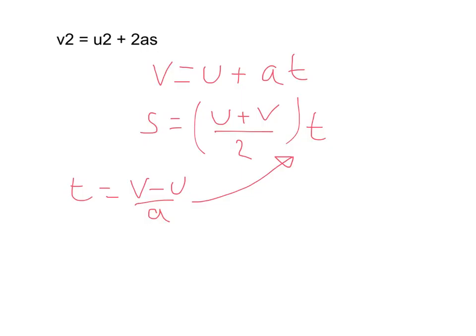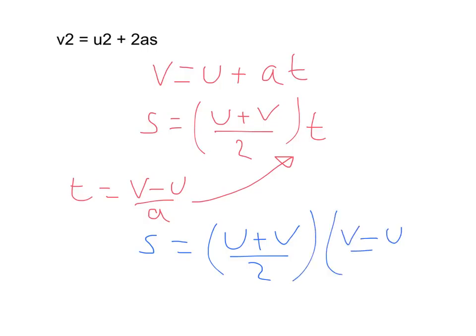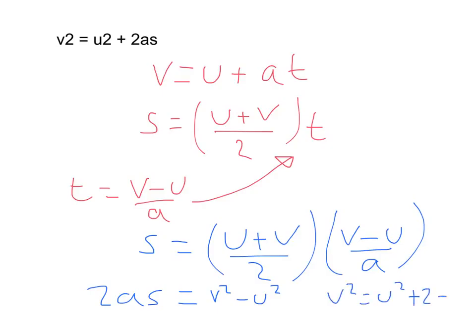I'm just going to change colour, so once I've put that t as v minus u over a into that, we get s equals u plus v over 2 times v minus u over a, and if I multiply through by 2a, I get 2as on one side, and u plus v times v minus u is basically the difference of two squares, so I can show that that is v squared minus u squared, and therefore we can rearrange that to say v squared is u squared plus 2as, as required in our initial statement that the fourth suvat is v squared equals u squared plus 2as.